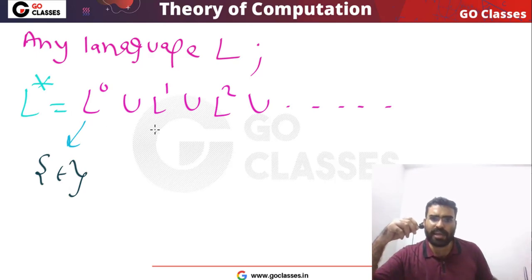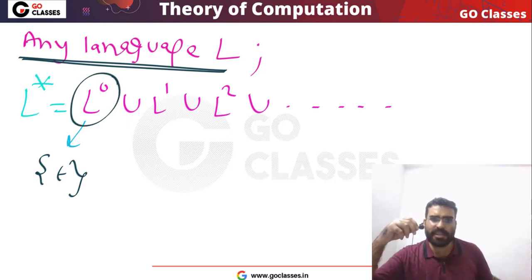So you can notice whatever L you take, it does not matter. Finally, I can say that this empty string definitely belongs to L star. We can guarantee that for any language you take, L star is equal to L power 0, union L power 1, union L power 2, and so on. And you know L power 0 is the set containing the empty string.